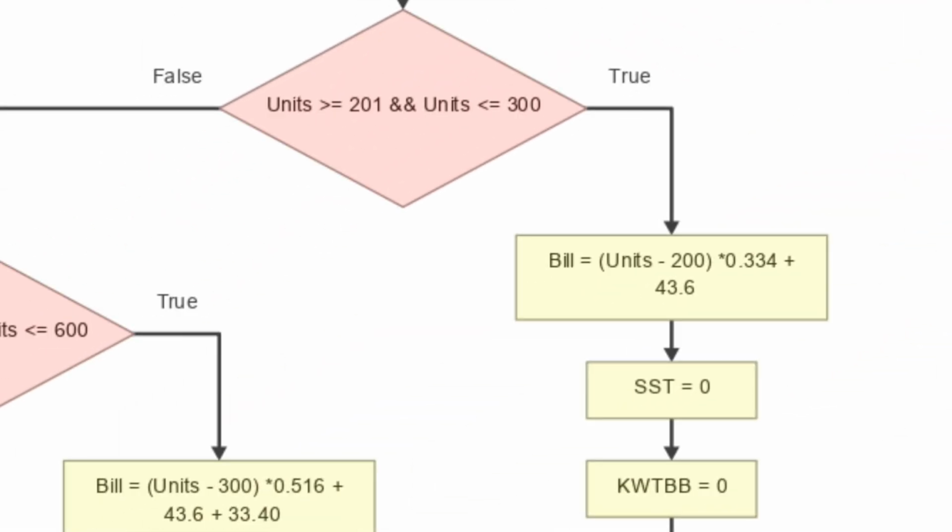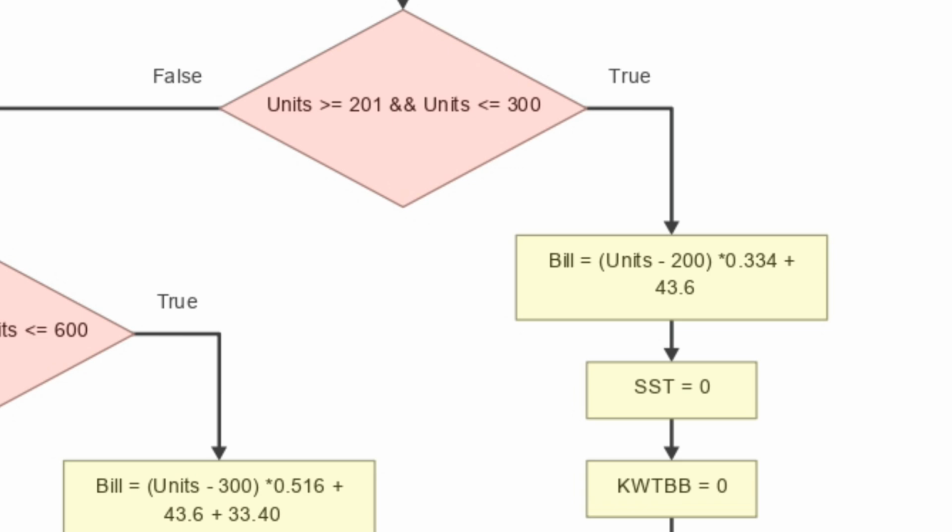Second tariff block. The electricity usage exceeding 200 units will be tariffed in this stage, but limited to 100 units only, where the tariff rate for this stage is RM 0.334 per unit. If electricity usage is fully used in this stage, the total rate is RM 33.40.